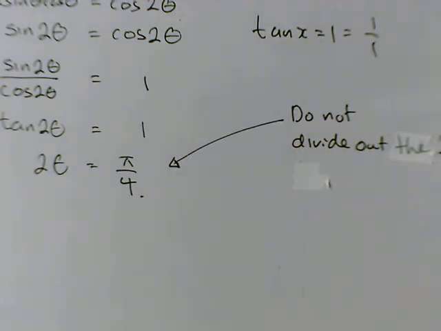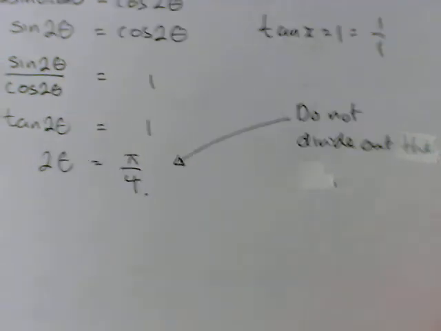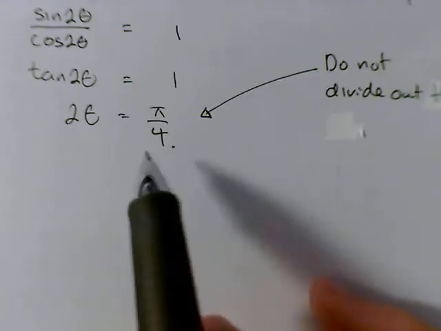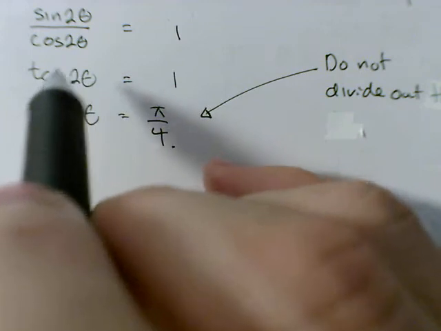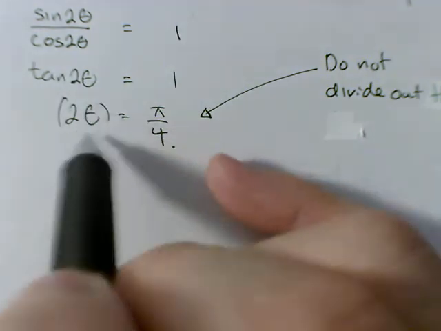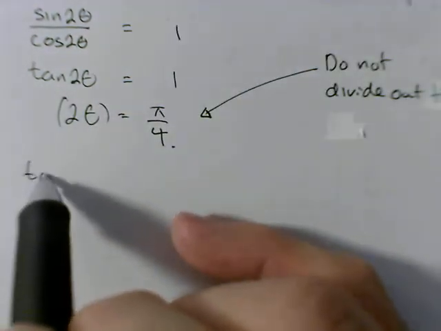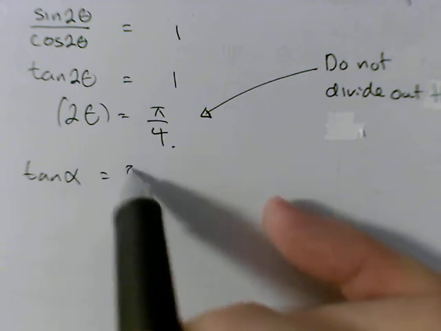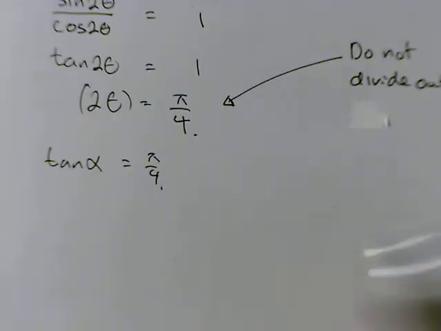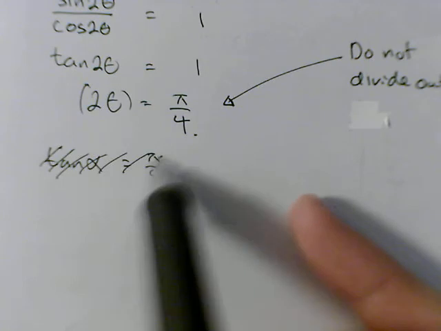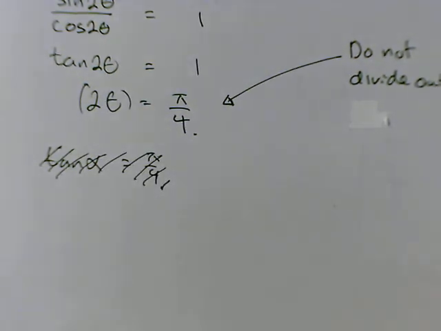When do you ever have the adjacent and opposite sides being 1 and 1? Pi over 4, yeah. 45 degrees, 45 degrees. That's where we get it. So don't divide it out. Pretend, if it confuses you, pretend this is actually one angle. Pretend I say tan alpha is equal to pi over 4 or something. Do not divide that out yet, and I'll tell you why.